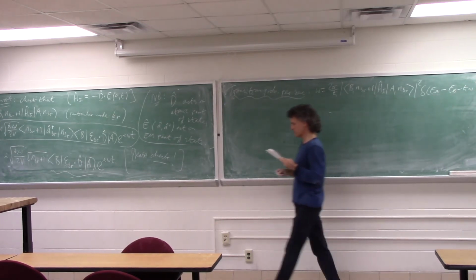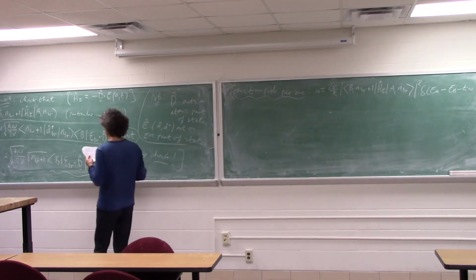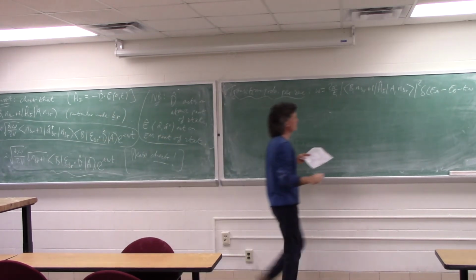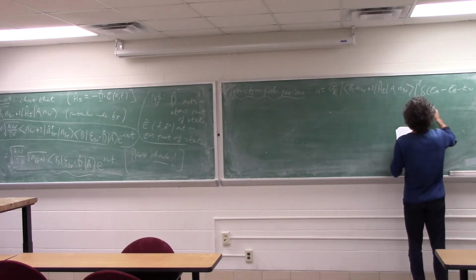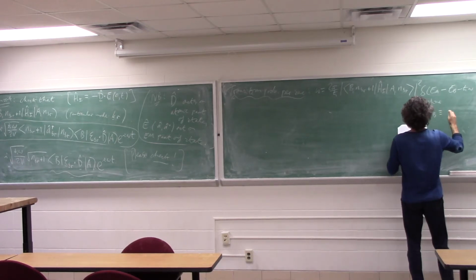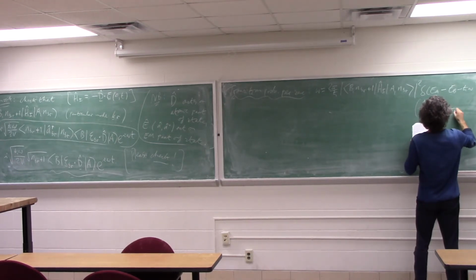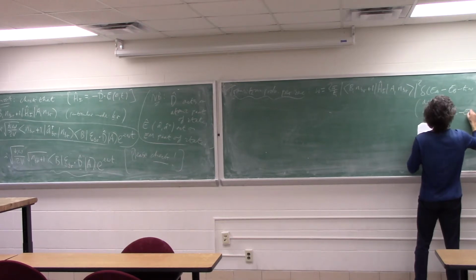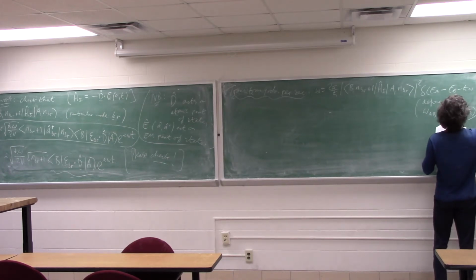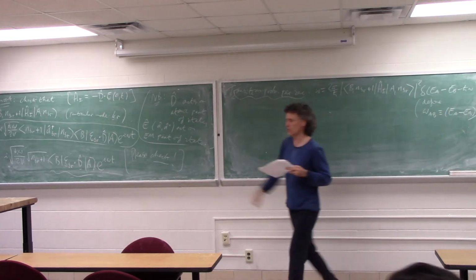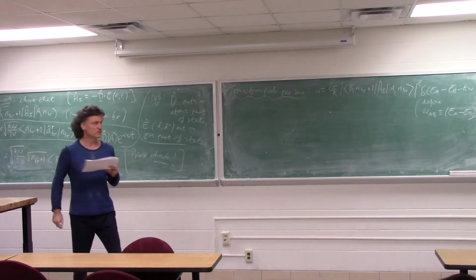All right, now let me just introduce also as a notation, define omega AB to be EA minus EB over h bar. So there's a particular frequency, of course, that is allowed by energy conservation.